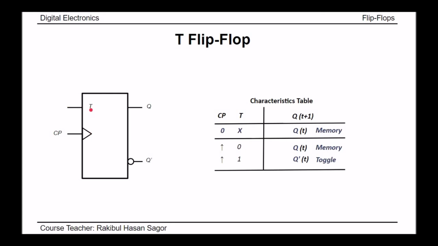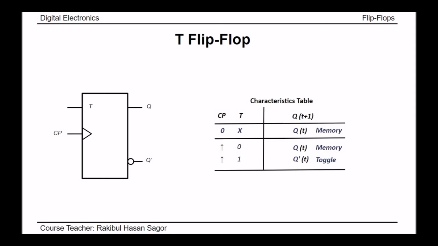T equal to 0 means J equal to 0, K equal to 0. J equal to 0 and K equal to 0 will hold the previous value. So T equal to 0, it will hold the previous value. When T equal to 1 means J equal to 1, K equal to 1. When we have J equal to 1 and K equal to 1, it will toggle the previous output. So when we have T equal to 1, it will toggle the previous output.